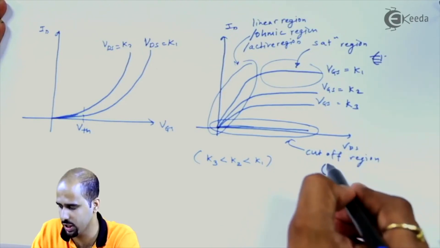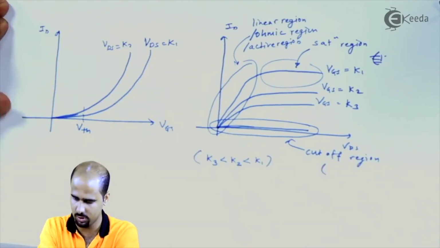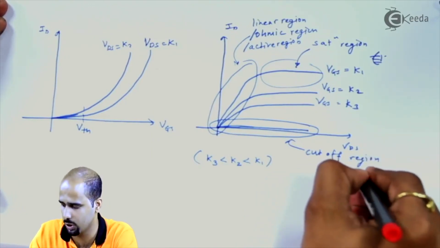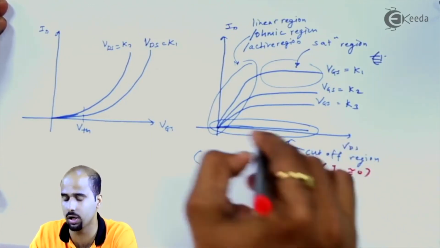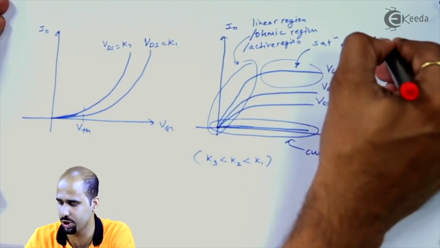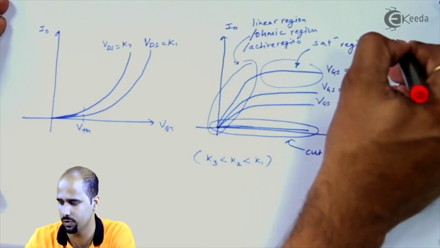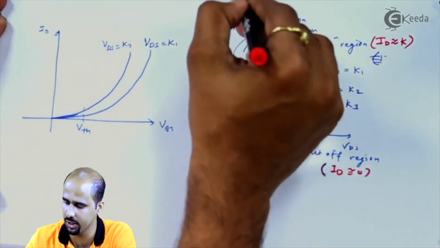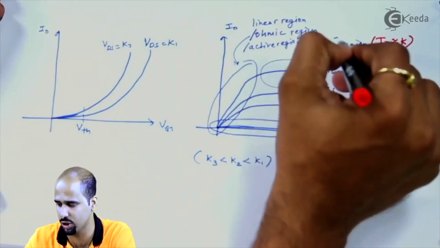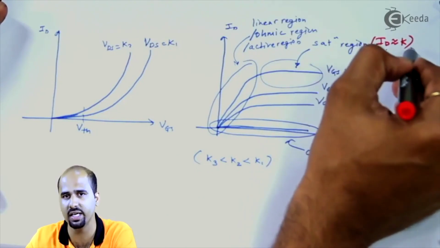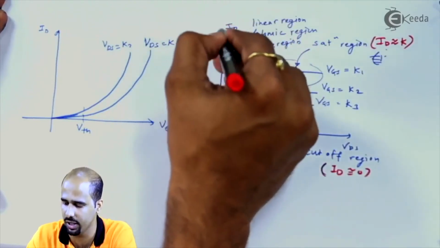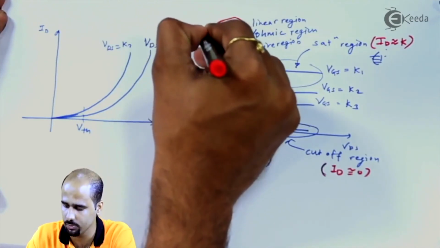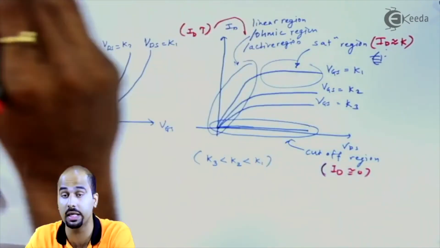In the cutoff region, we will get ID equal to 0, or nearly equal to 0. In the saturation region, we will get ID nearly equal to constant, and in the linear region, we will get ID increasing linearly.